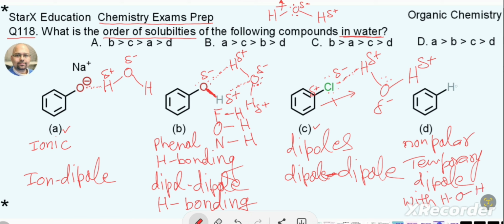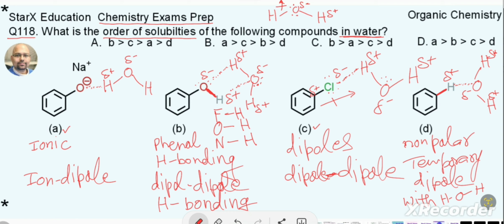Water has a permanent dipole, but the hydrocarbon does not. However, when the oxygen of water is around, this bond gets polarized, and there is generation of temporary dipoles. That's the result of these interactions of temporary dipoles with the permanent dipole of water. Now let's have a look at our choices here.